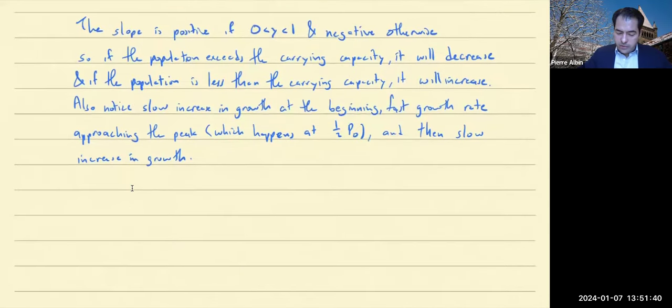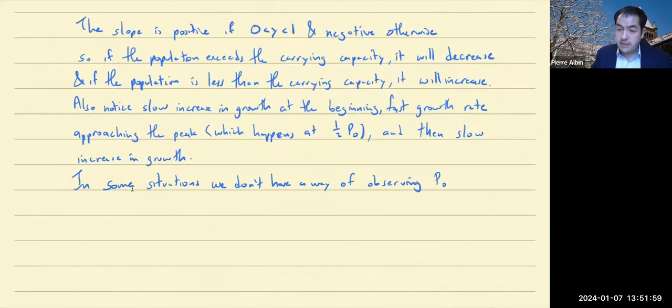In some situations, we don't have a way of observing the carrying capacity directly, right?